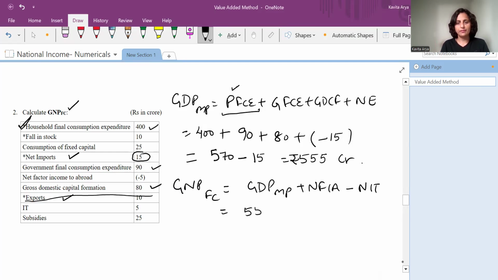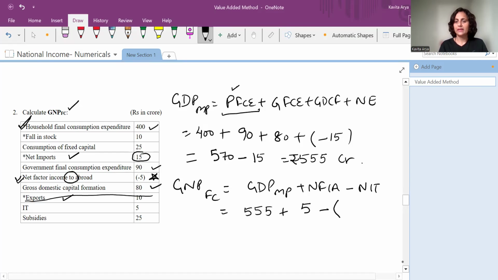So this is 555 plus NFIA. Now, where is NFIA? Again, just please be mindful. Net factor income from abroad is not given. It's to abroad given to you. It means the symbol has to be reversed. So instead of minus 5, we'll write 5 here, and minus NIT.